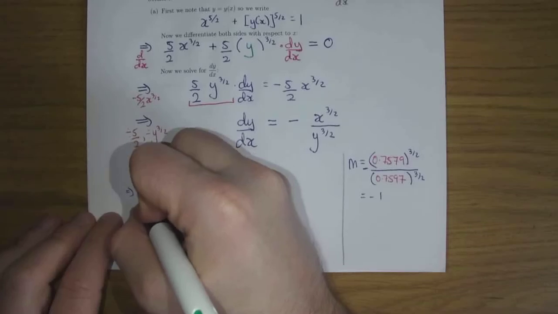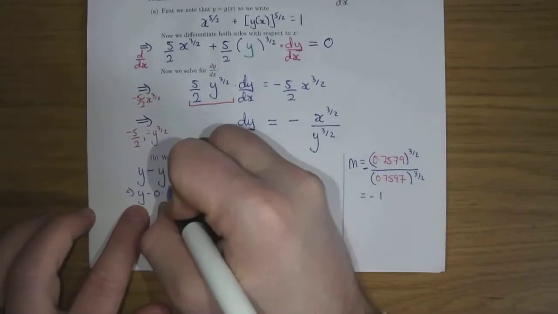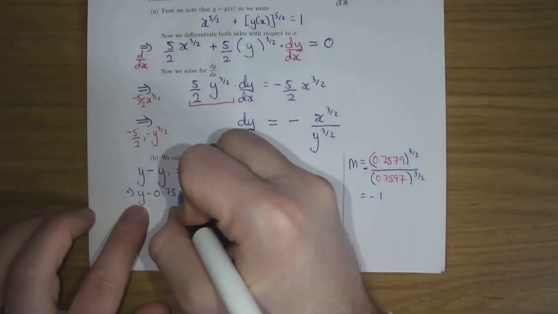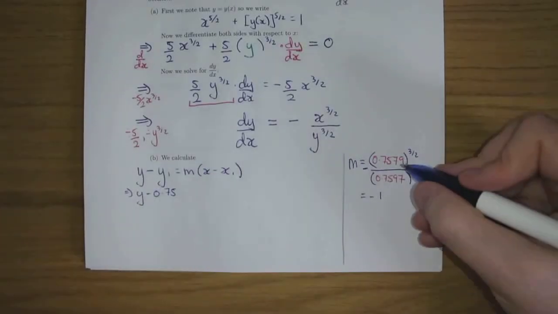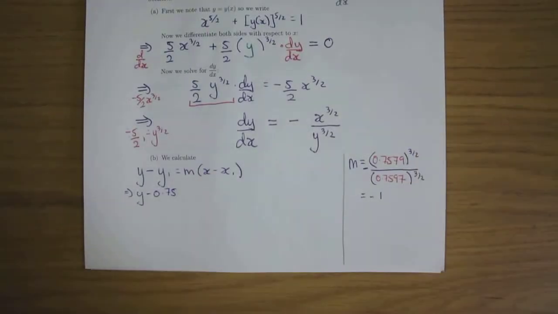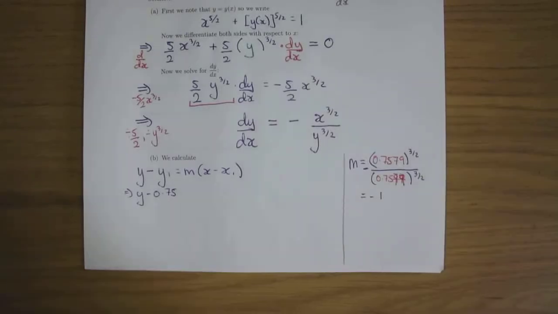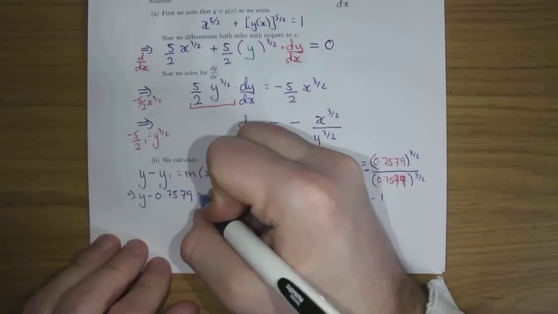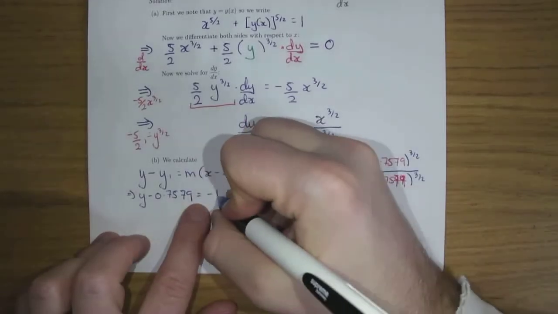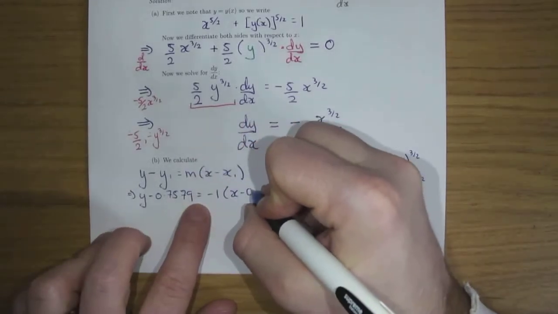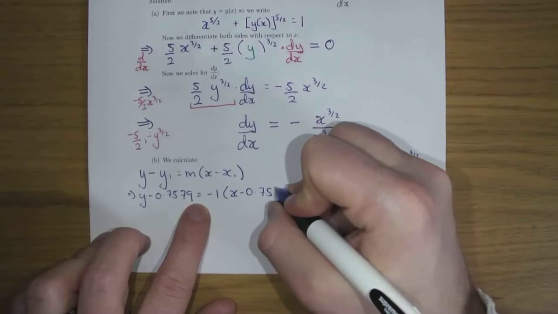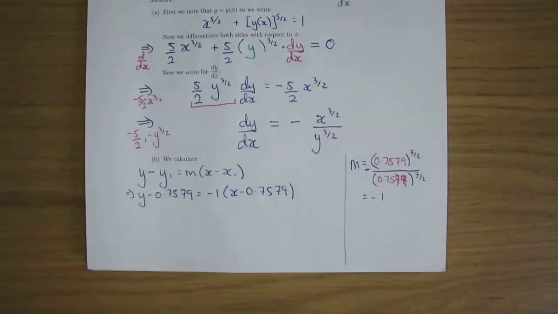So I got y minus 0.7579. Excuse me, that should be 0.7579 here equals m, which is minus 1, times x minus 0.7579. So as before, I recommend you solve this for y equal to mx plus c.